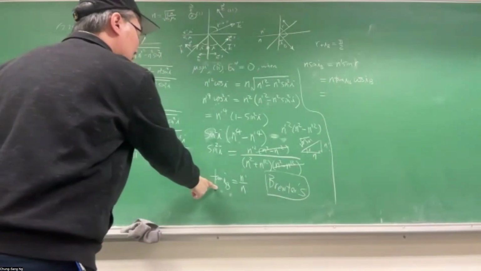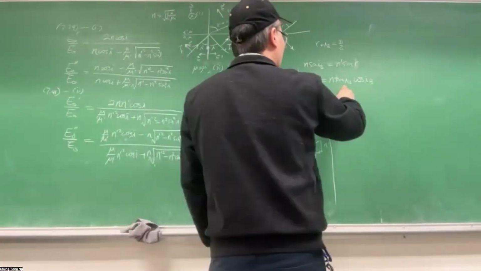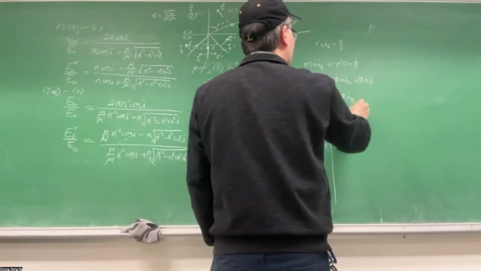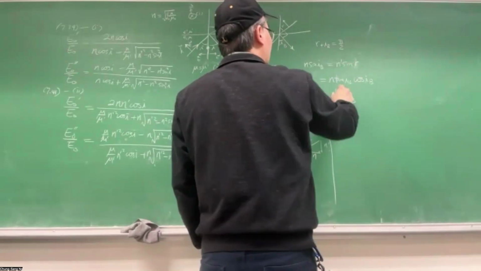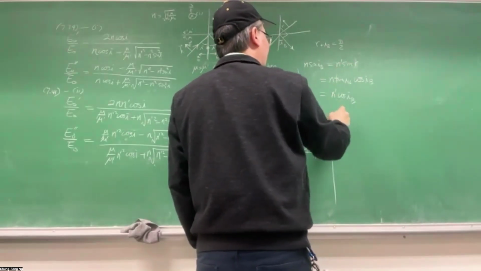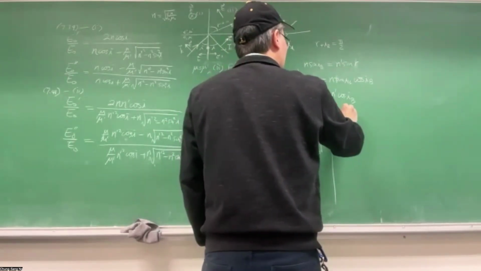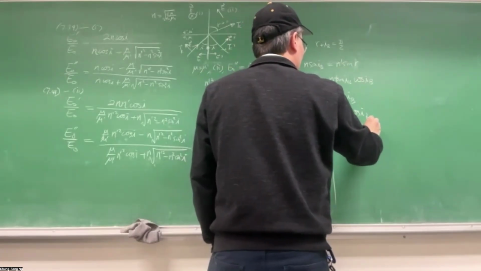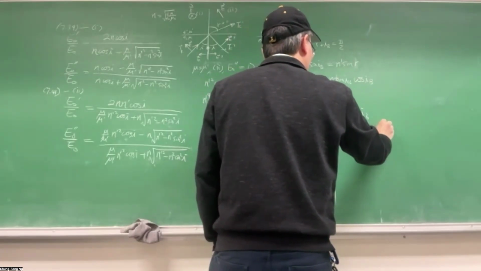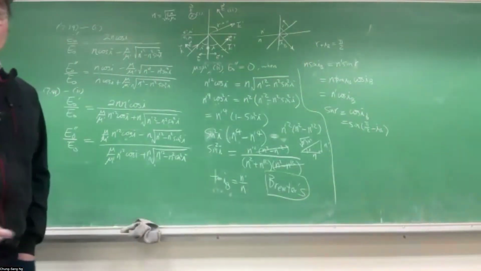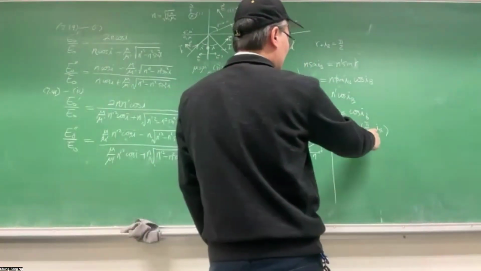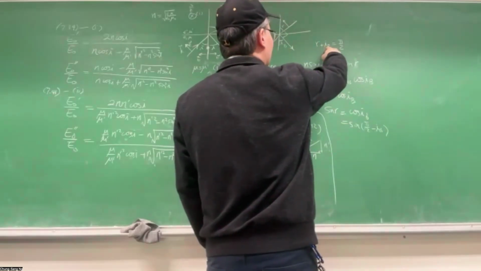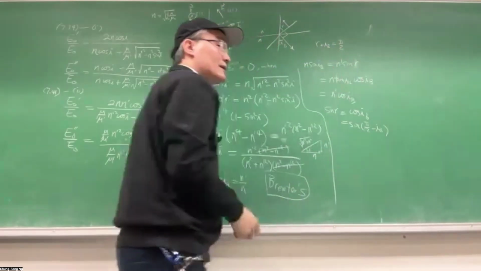The tangent is given by n prime over n, so n prime over n gives n prime cosine I B. Both have the same n prime coefficient, so n prime cancels. So sine R equals cosine of I B, which is sine of pi over 2 minus I B. That's just a property of sine. So R equals pi over 2 minus I sub B, so R plus I sub B equals pi over 2.